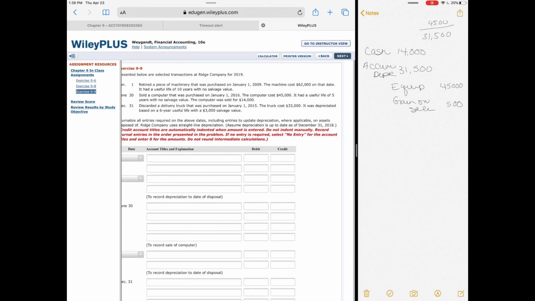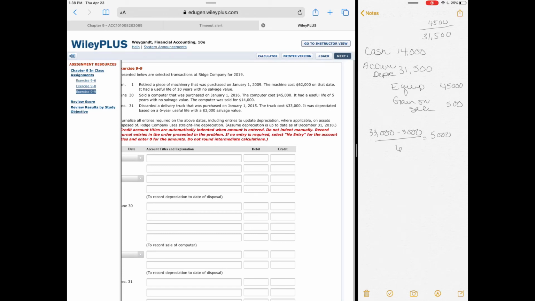Since it's a full year, I know cost, which is $33,000, minus my salvage value, and divide that by my useful life, which was 6, which means I'm going to depreciate $5,000 each year.